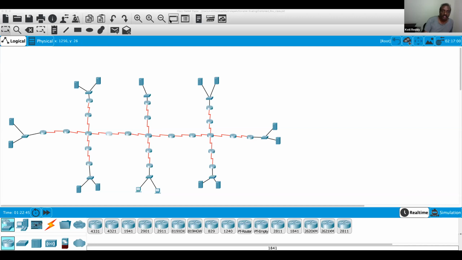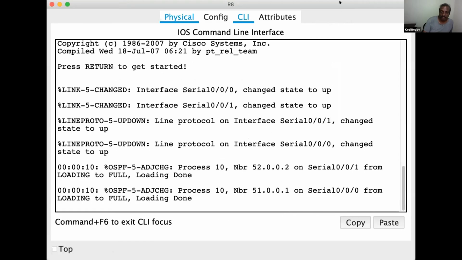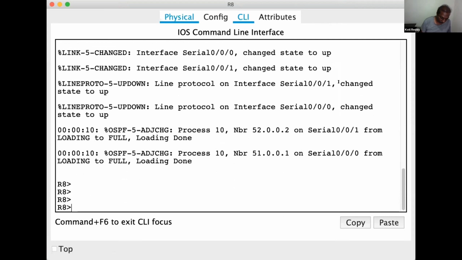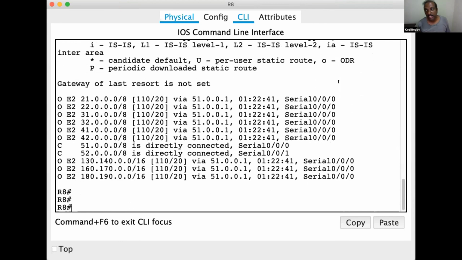I see R80, right? So I don't see 60 and 70 series here now. So what should I do?